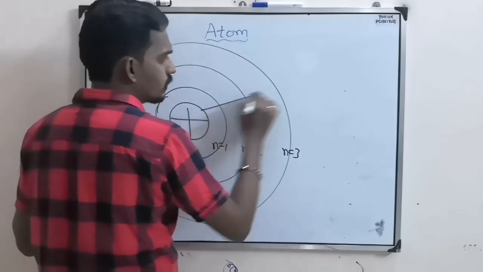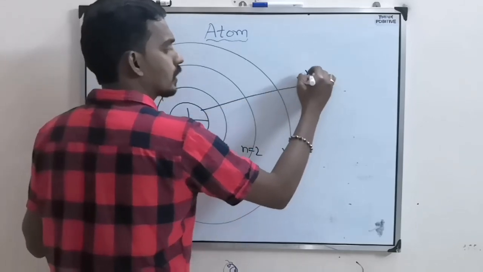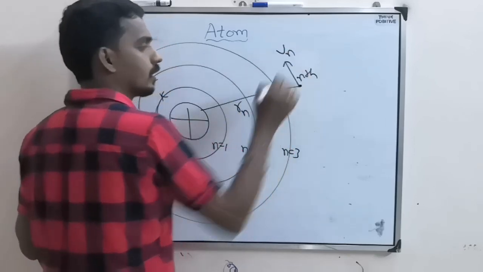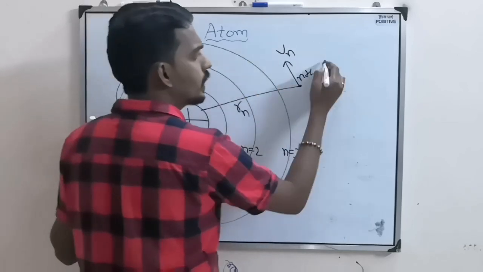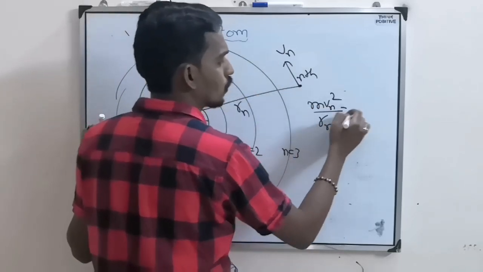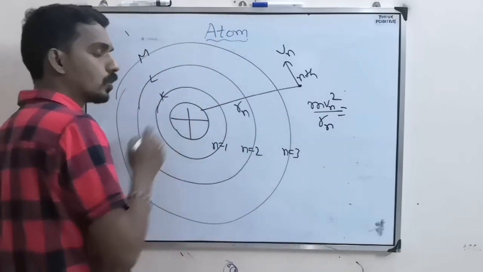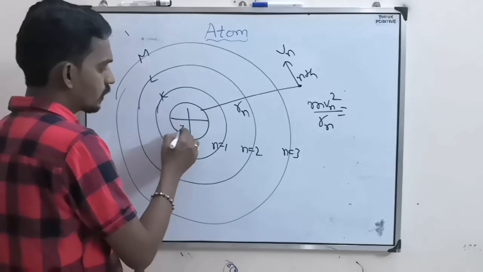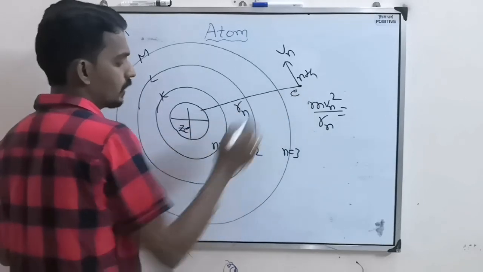Such that if you consider the nth orbit electron, whose radius is Rn and velocity is Vn, then as it is moving in a circular path, the required centripetal force will be provided by the electrostatic force, that is Ze and here e.